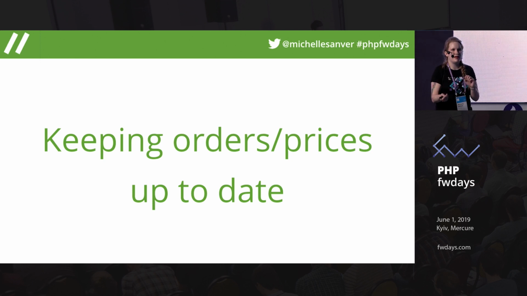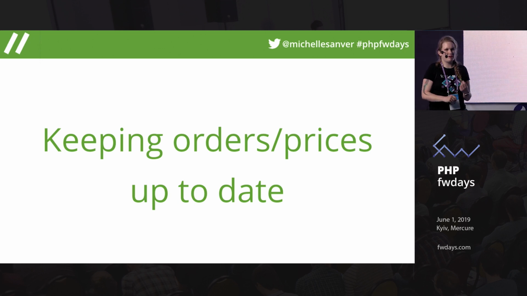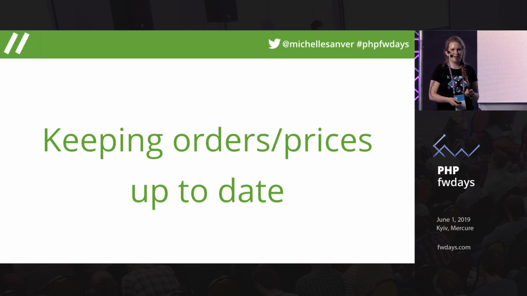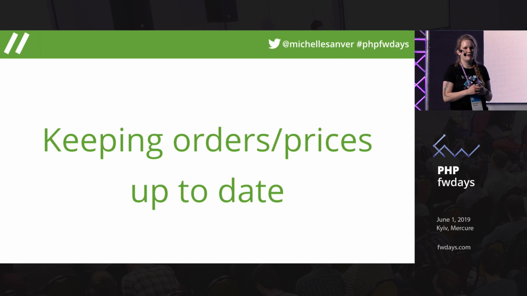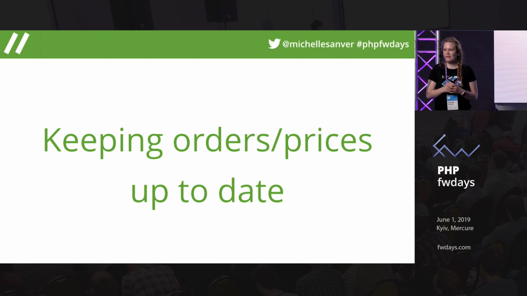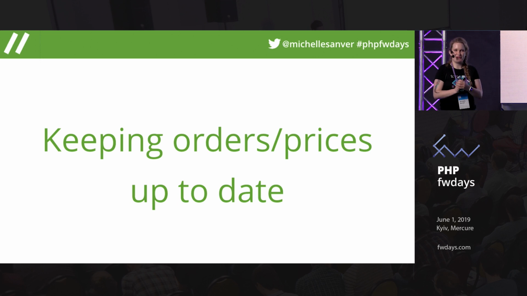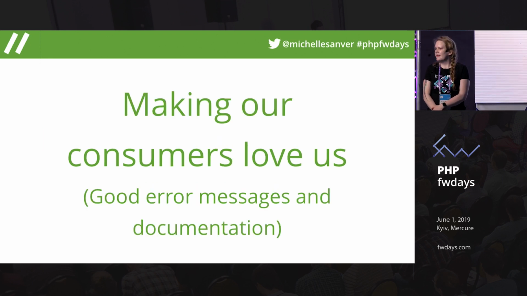Who maybe makes a cart on Monday, puts all the groceries in the cart, and then on Tuesday all the prices are up to date? Or, you know, all the kinds of things can happen, and you don't want anything to be out of date at any time at all. If you do, you get a lot of complaints, and you don't want complaints when it has to do with money. So we always have to double check and update prices.